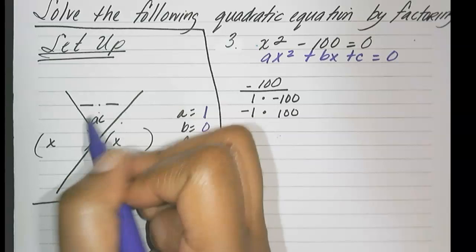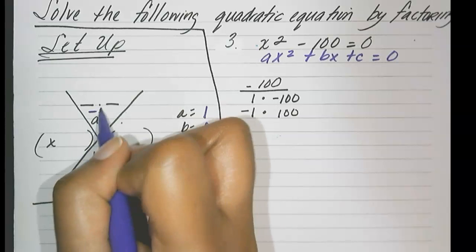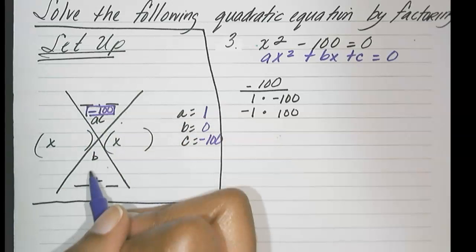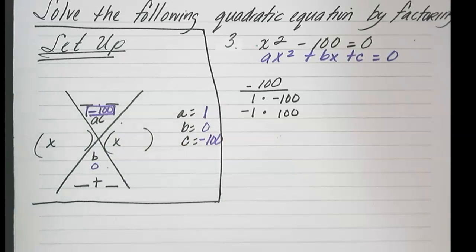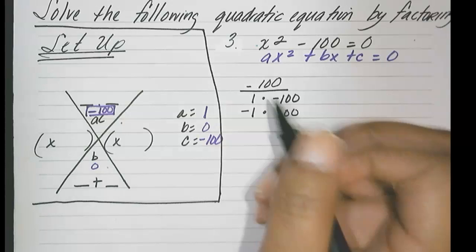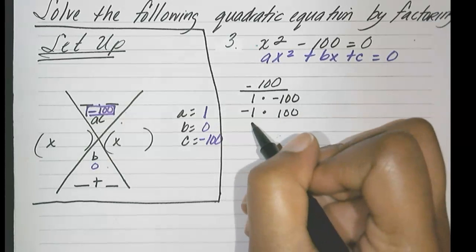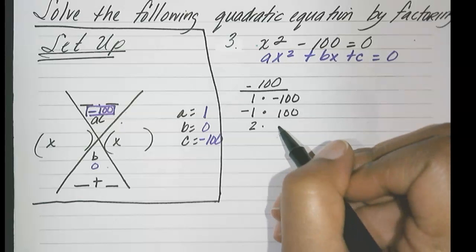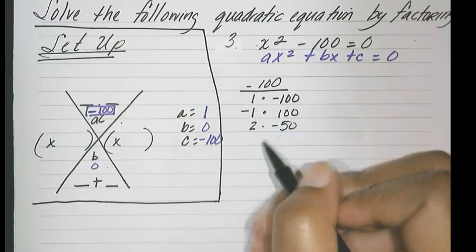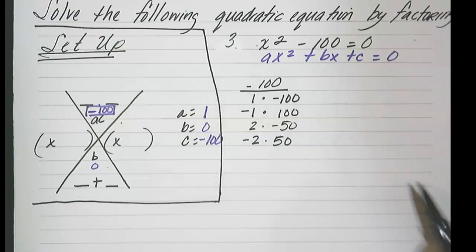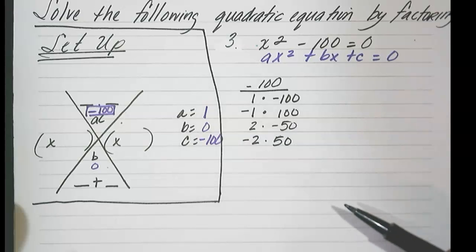Over here, we're looking for 2 numbers that multiply and give you negative 100. But the same 2 numbers have to add and equal 0. You might already have it. If so, good. Go ahead, pause me, figure it out. All right, we can do 2 times a negative 50 or negative 2 times 50. There's no way I can add that and get a 0.